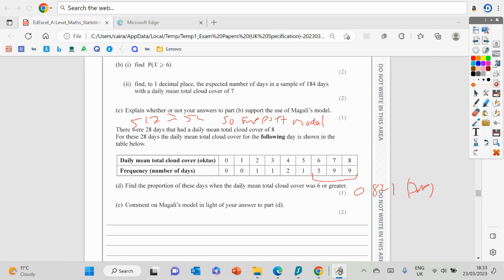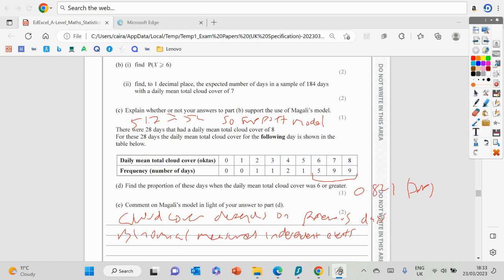The last bit, comment on the model in light of the answer. Well, we all know that cloud cover depends on previous days. The binomial measures independent events.